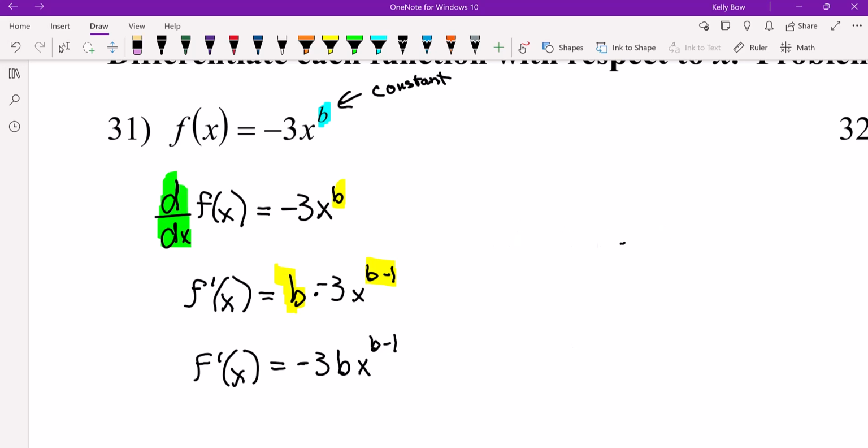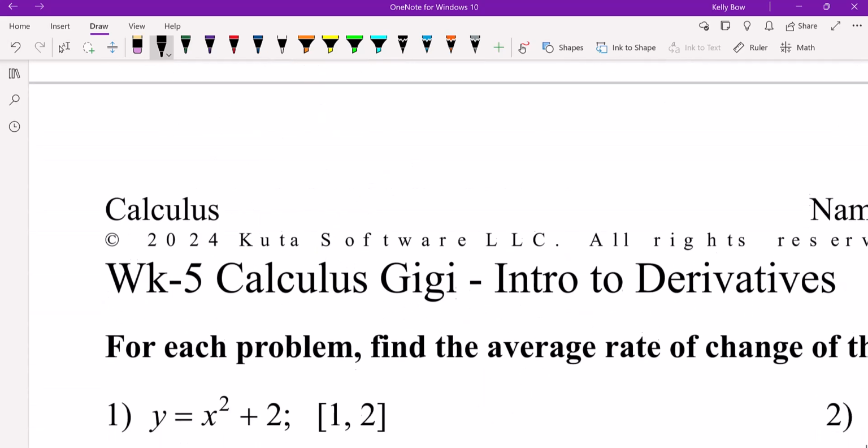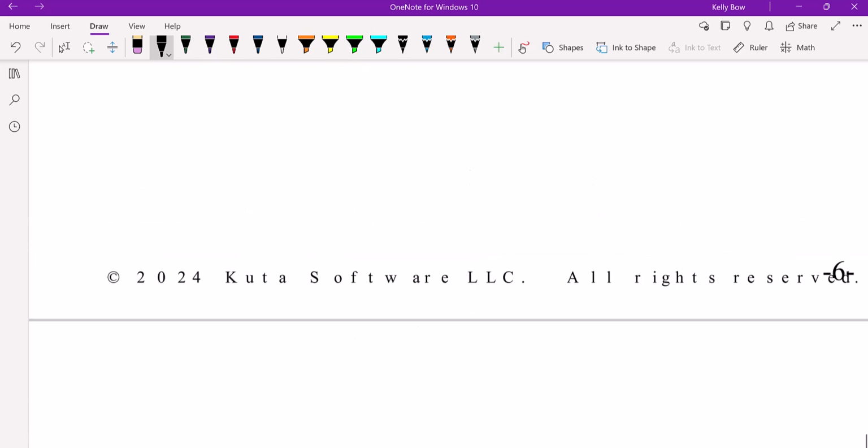So notice again, the b came down in front like a normal exponent times negative 3x to the original exponent subtract 1. And all I did here, the next step, b times negative 3 is negative 3b, subtract 1.